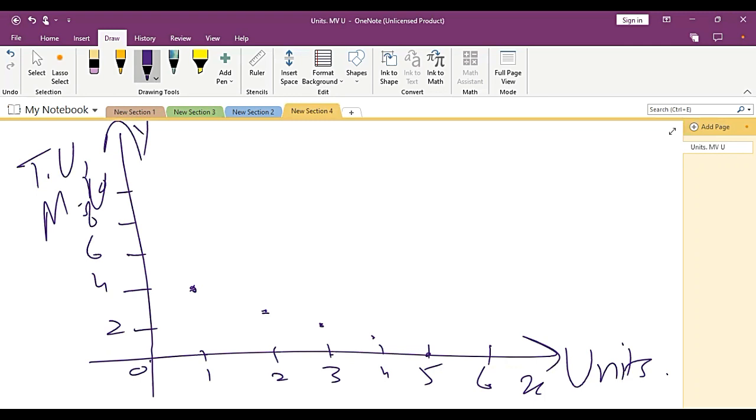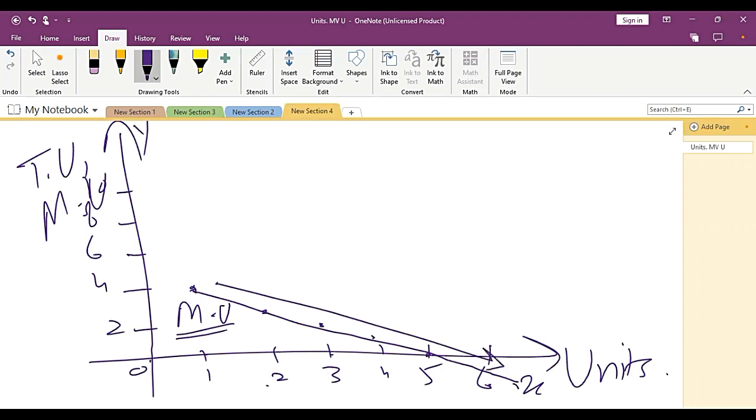Make them join together. So this will be the marginal utility curve, showing a downward relationship with the consumption of units. The more units are consumed, the more it decreases from this point to that.